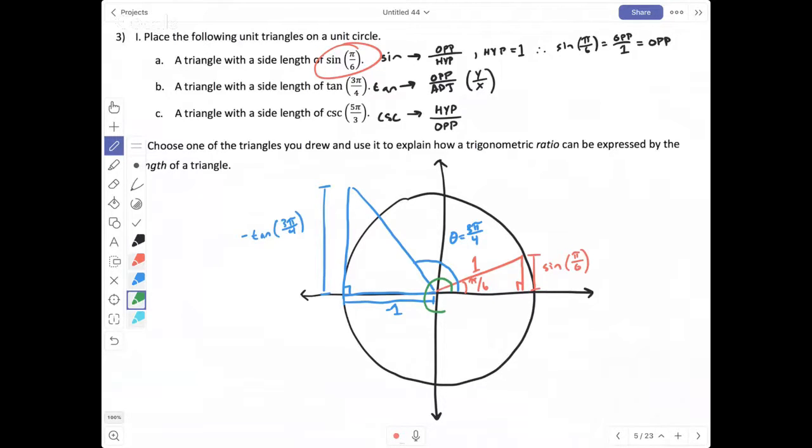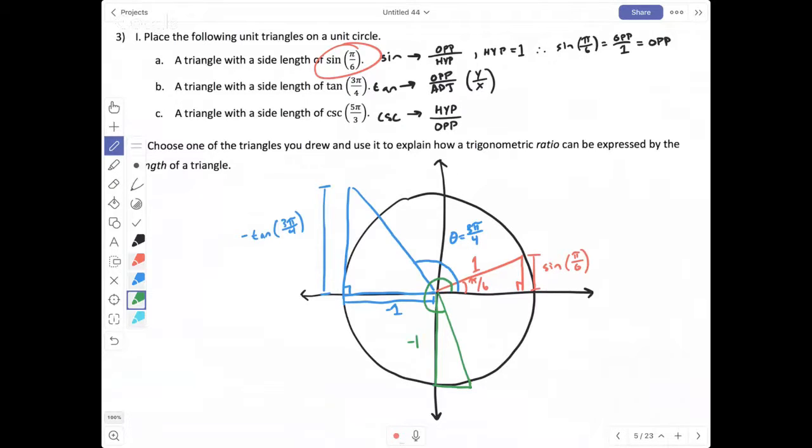And then I'm going to make the y equal to 1. And it'll stick out here like that. And here, the y value is negative 1.